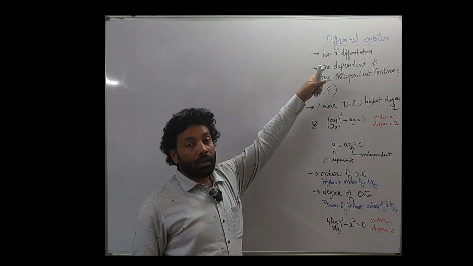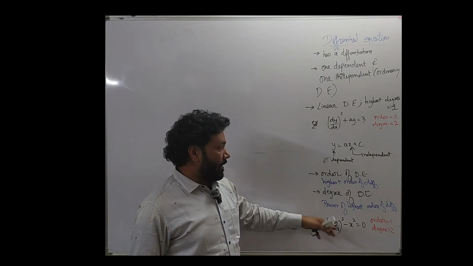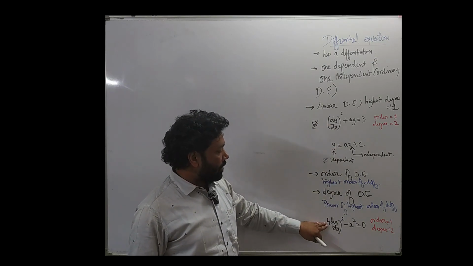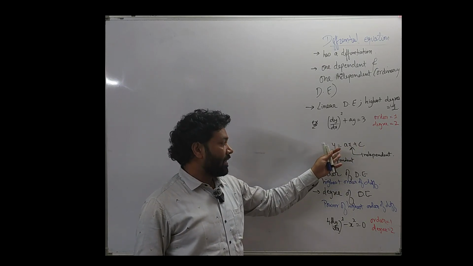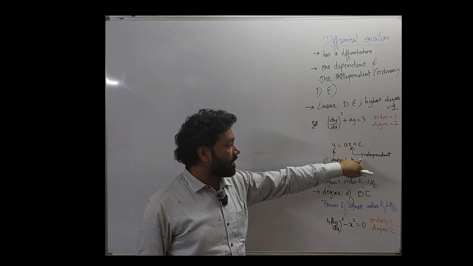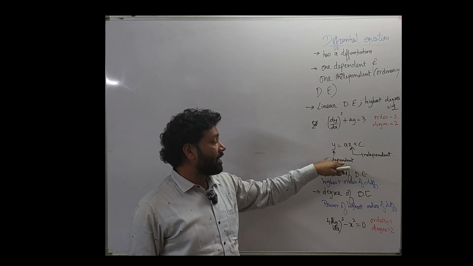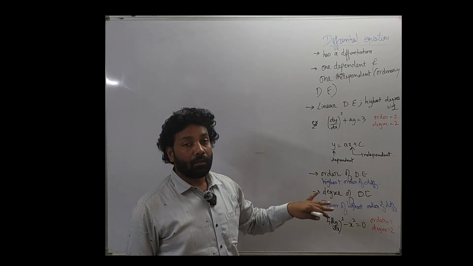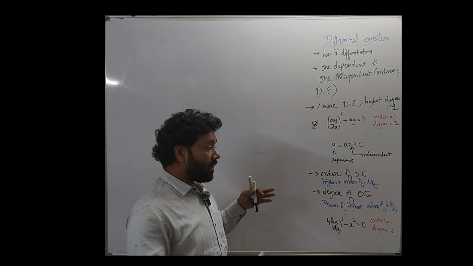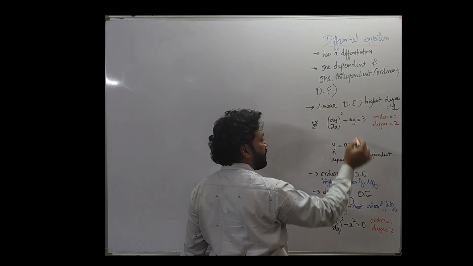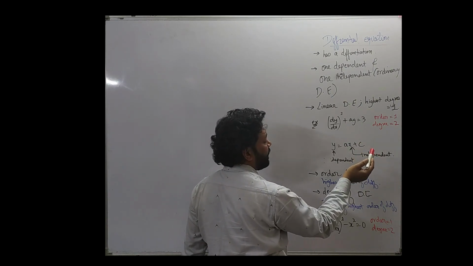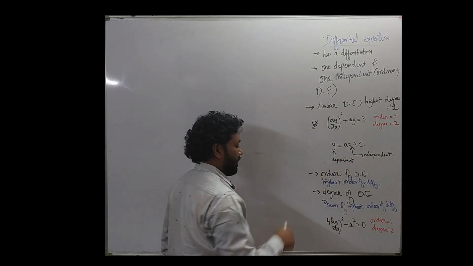It involves a differentiation term, and similar to this, the solution of this differential equation will come in some such format, and in this format we can for sure again see that there is one independent and one dependent variable. So in this chapter we are dealing with ordinary differential equations, which have one independent variable and one dependent variable.